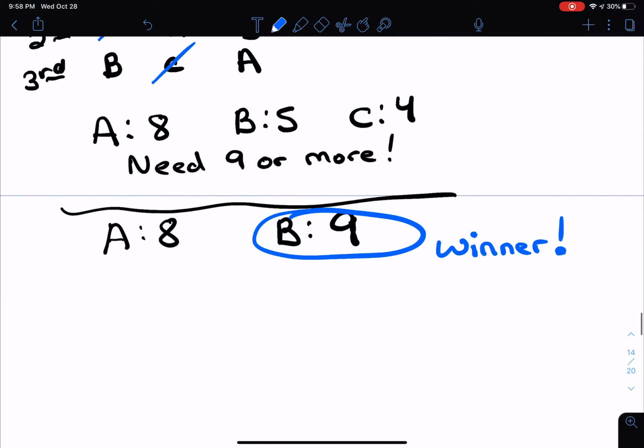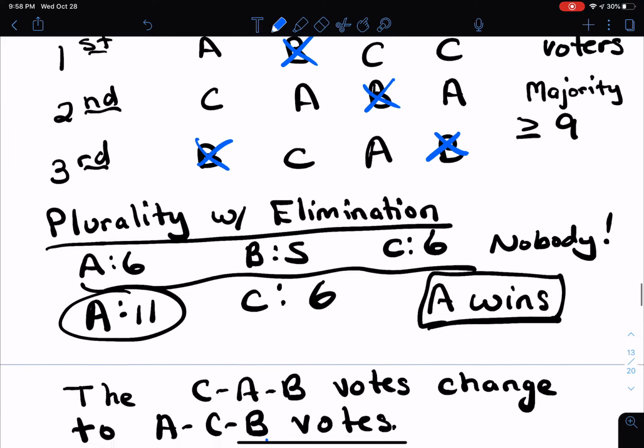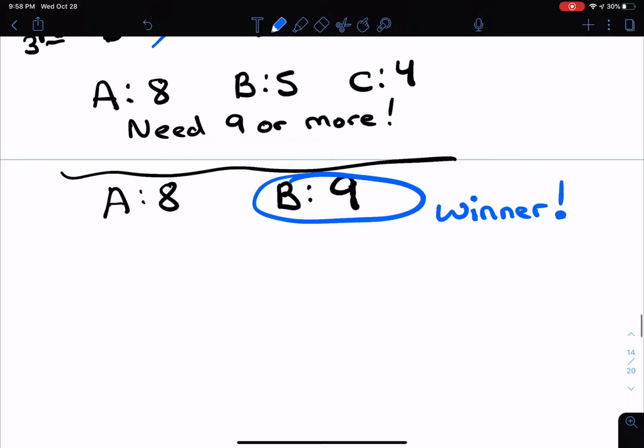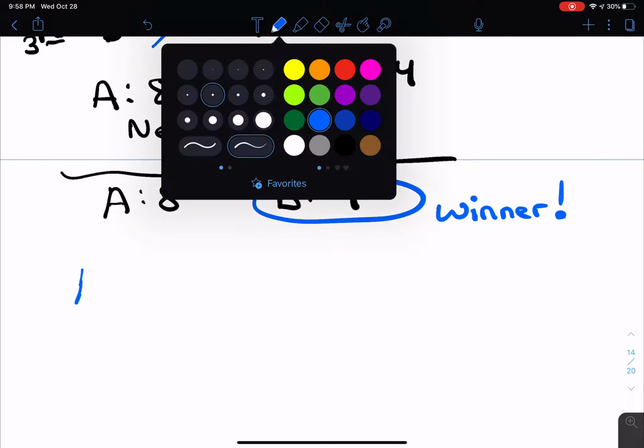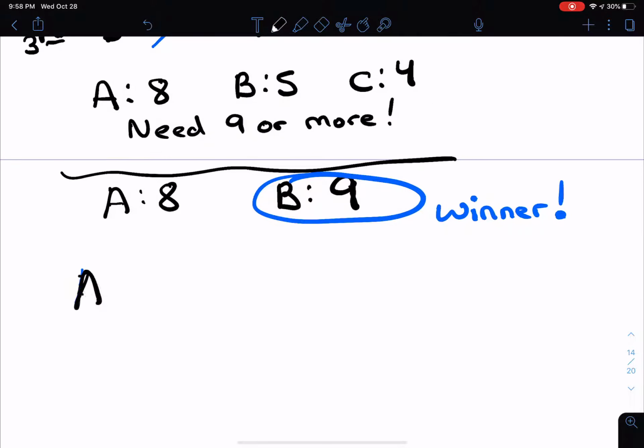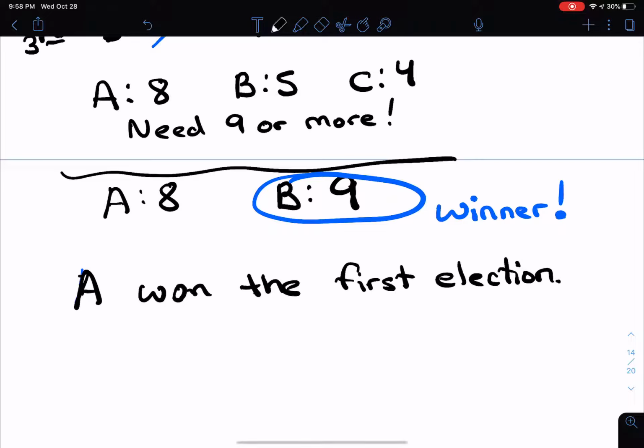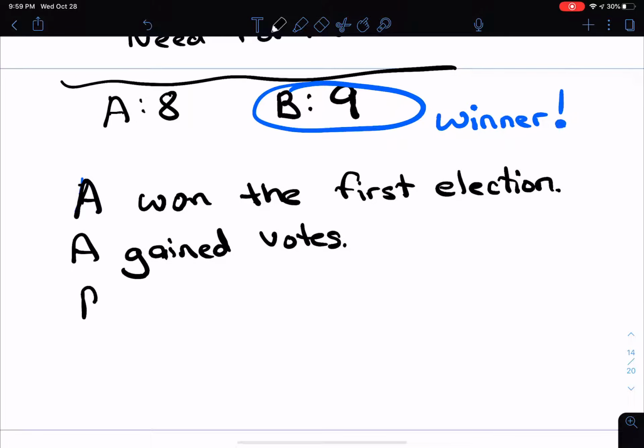Interesting, right? So A won the first election. A gained votes. B won the second election.